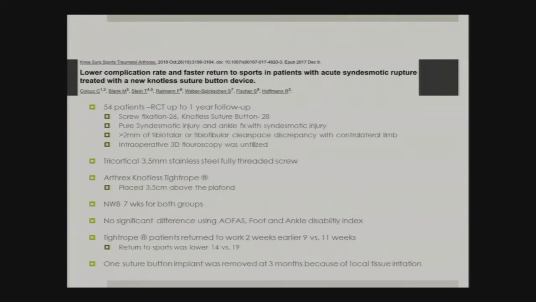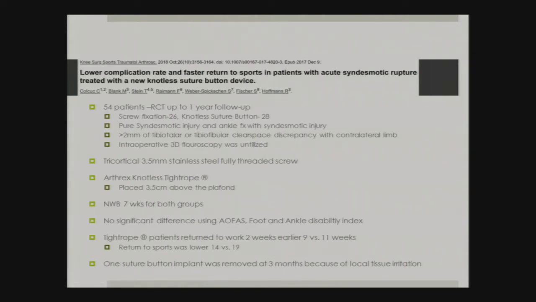They also mentioned that they used a 3D intraoperative fluoroscopy, I think similar to a 3D CT scan, to gain a better reduction of the syndesmosis. The TightRope and the screw were placed at about the same height from the plafond, 3.5 centimeters above it.